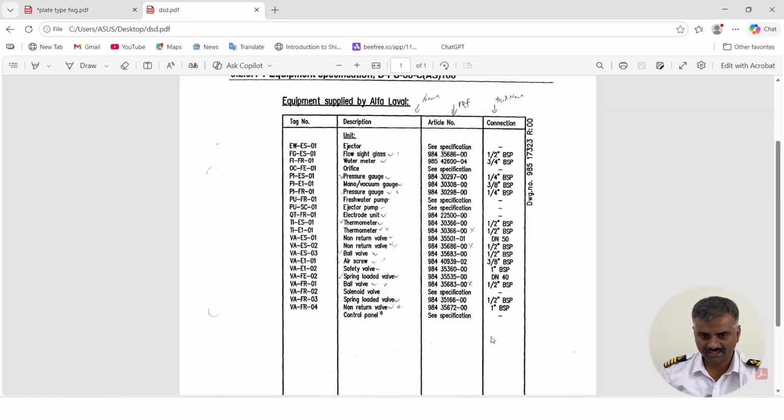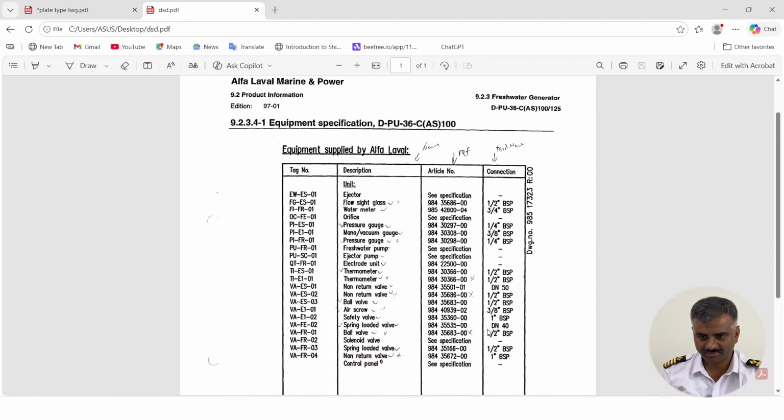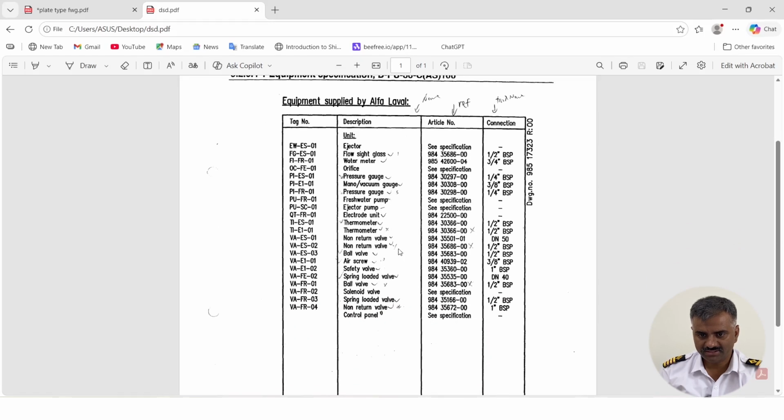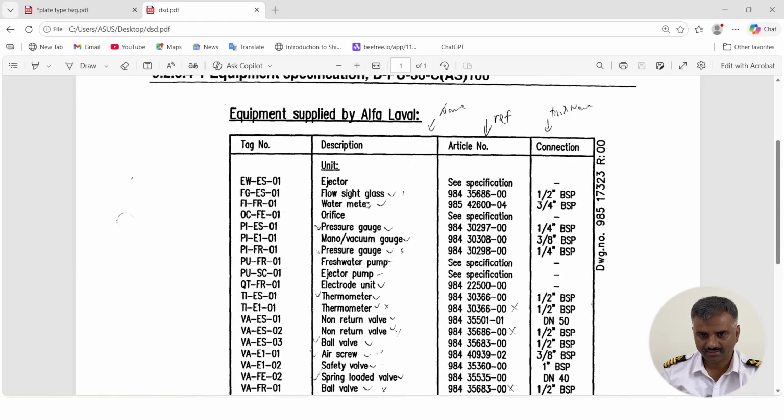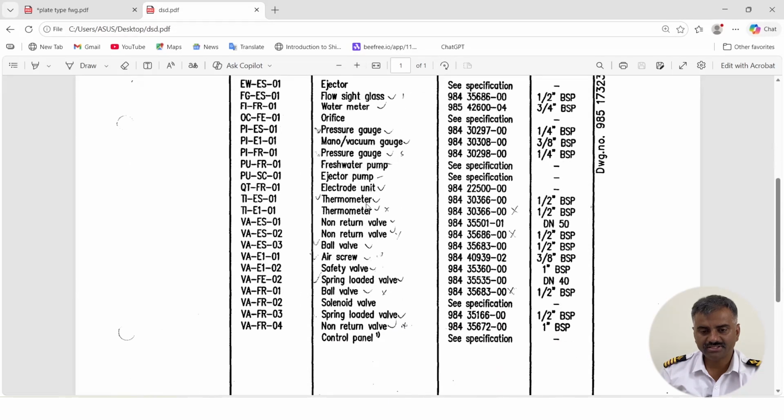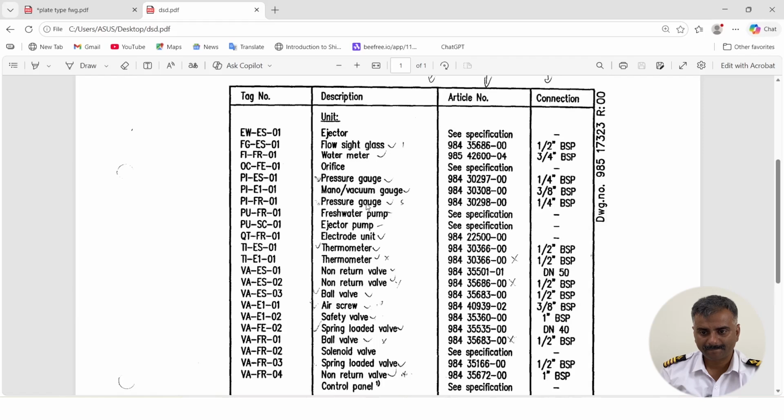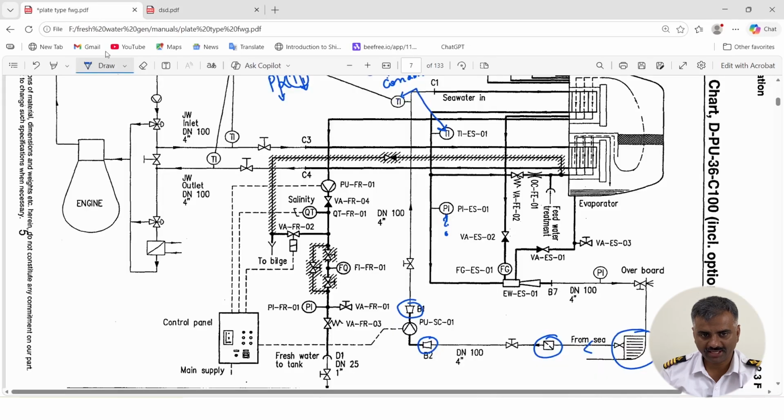If you go to the diagram over here, it is not mentioned, but these reducers are to increase the pressure in the ejector pump. The ejector pump should have enough pressure, around 4 to 4.5 bar.